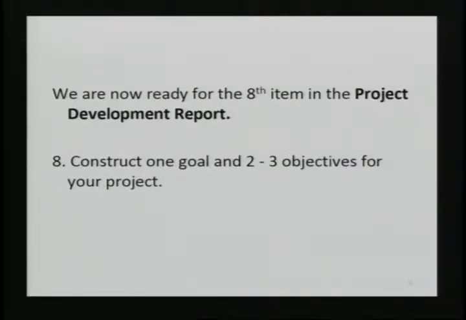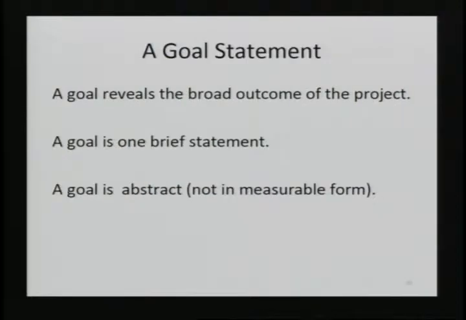We are now ready for the 8th item in the project development report, and this is to construct one goal and 2 or 3 objectives for your project. So let's take a look at what a goal is, sometimes referred to as a goal statement. A goal reveals the broad outcome of the project.